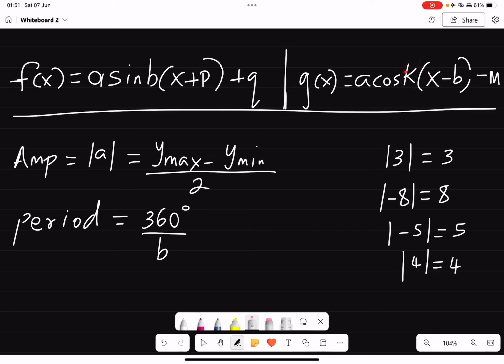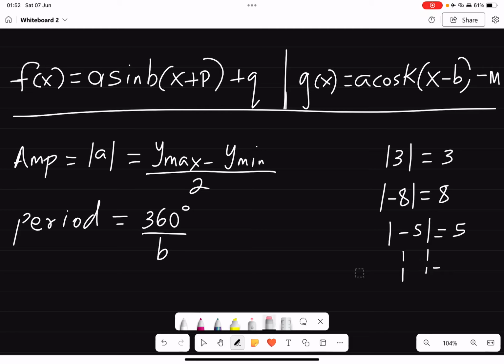So I just use different letters to show that it's not always going to be b, it's not always going to be k. They can put any letter there. You just need to know the positions. So whatever number is just after your sine or your cos, it's your period constant. To get the period of a function, you are going to use 360 divided by that. That should give you the period.